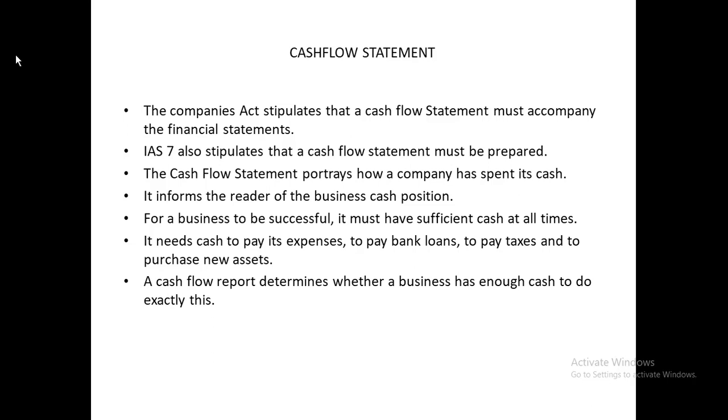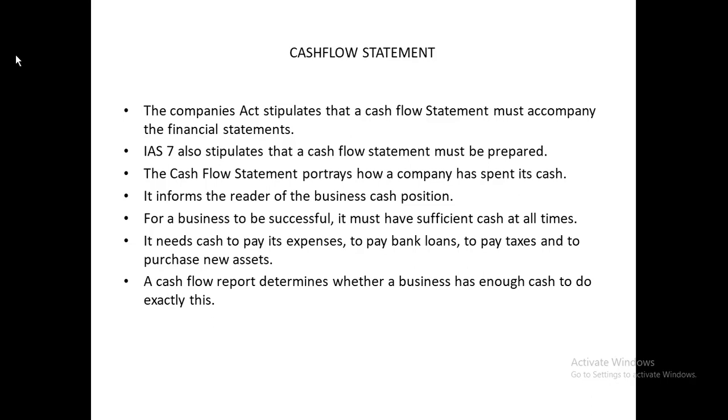How much do we have? How much did we start with? How much did we get? How much did we spend? And what's the current position? That's the cash flow. For a business to be successful, it must have sufficient cash all the time.